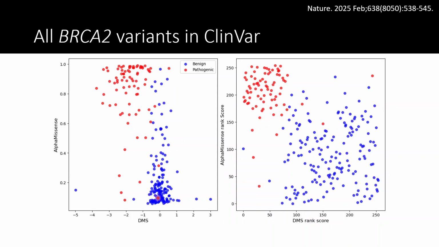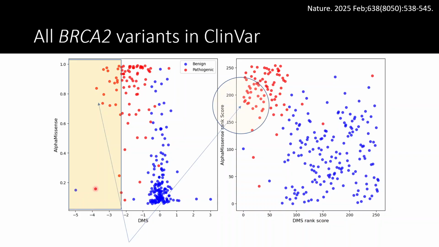As we can see here, the deep mutational scan separates pathogenic and benign variants very well, except for one variant which is known to be benign. But AlphaMissense, although it separates the blue and red dots less well, seems able to differentiate this benign variant.